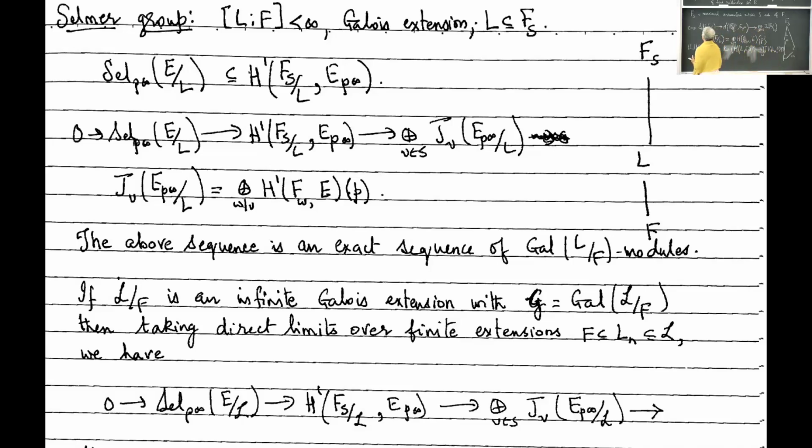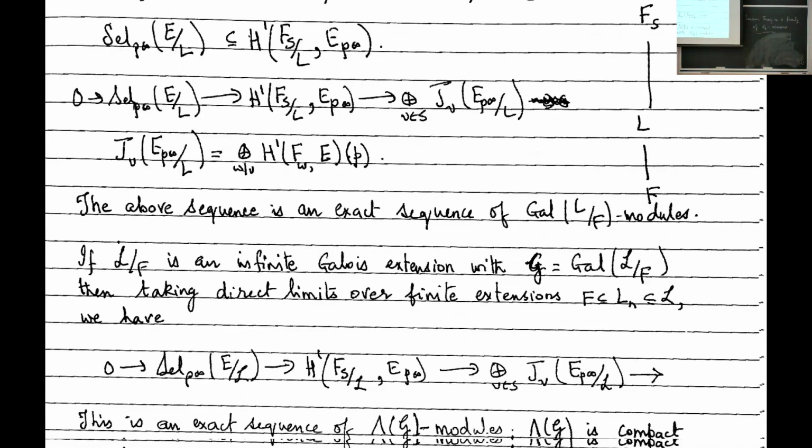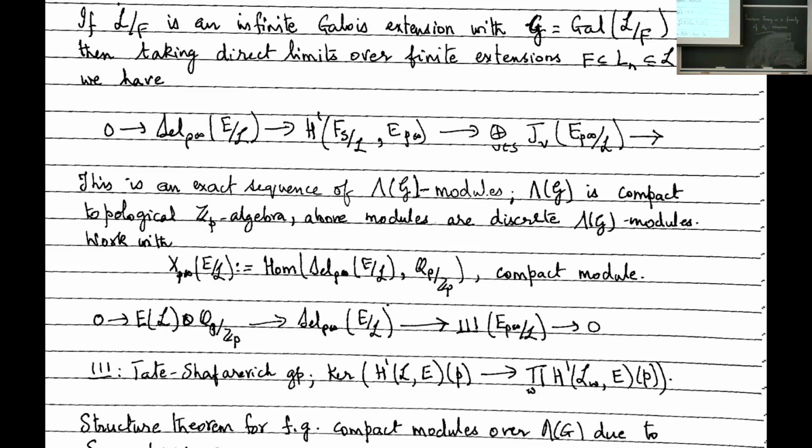Now, why are these two relevant? Because the only way you can get to understand the rank of an elliptic curve is by this exact sequence. So you see this exact sequence here. You want to understand the Selmer group.